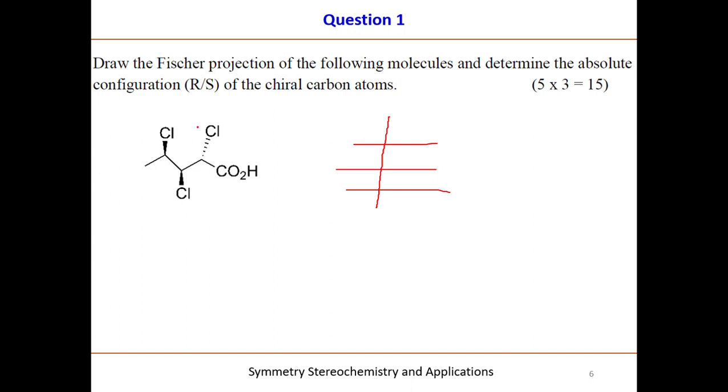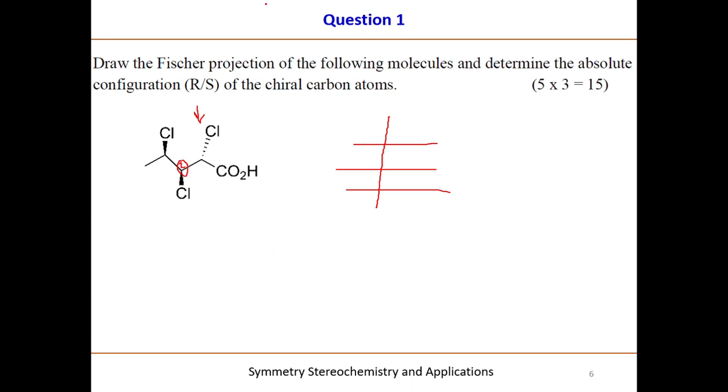Now I'm looking at the molecule from this side, because here you can see the acidic group and methyl group both are away from ourselves, that means it is below the plane. So we don't have to rotate the whole molecule, we just have to change the stereochemistry of that second carbon to make it on the front side.